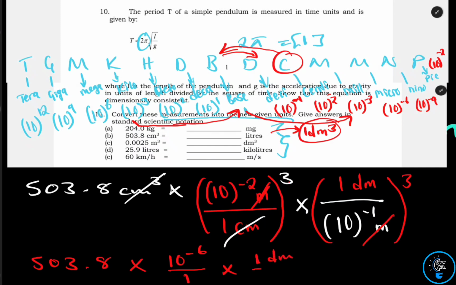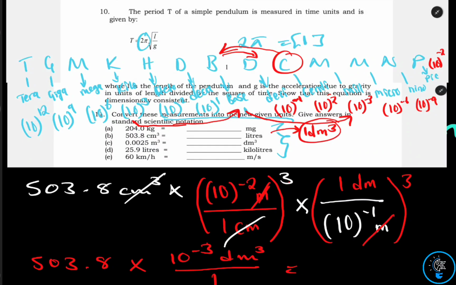So we're going to get a 1 decimeter over 10. The 3 times negative 1 will give us a negative 3 at the bottom. And these two can cancel. You're going to get a 10 to the power negative 3. Yeah. So we can write it as 10 to the power negative 3 decimeter cubed over 1.